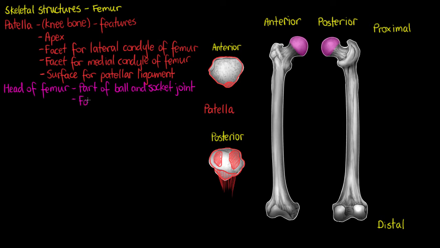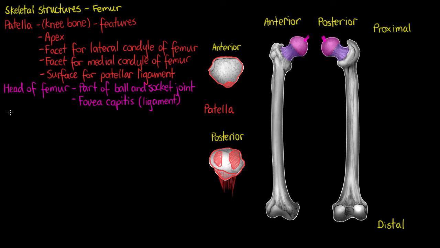And this small depression is called the Fovea Capitis, depending on how you want to say it. And I'm just highlighting it here at the top of the head. It's a small depression which is going to act as an attachment point for ligament. So once again, that's our Fovea Capitis.